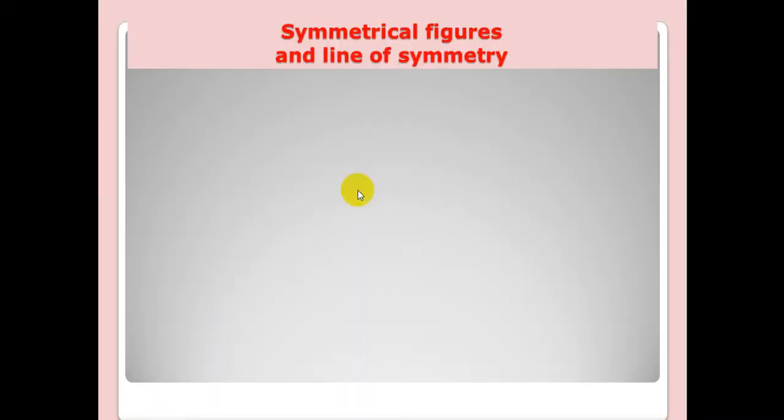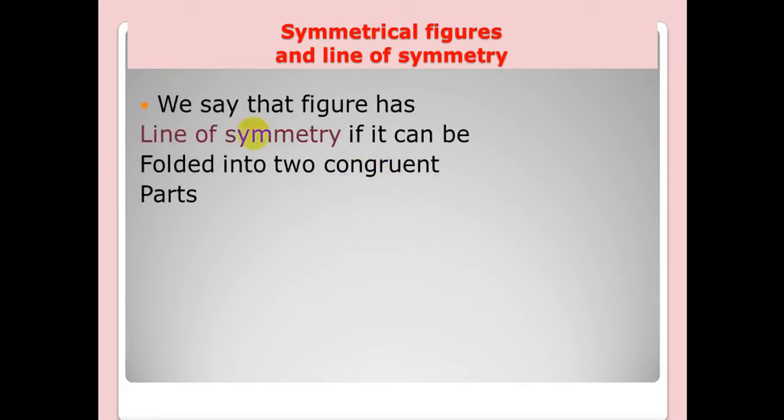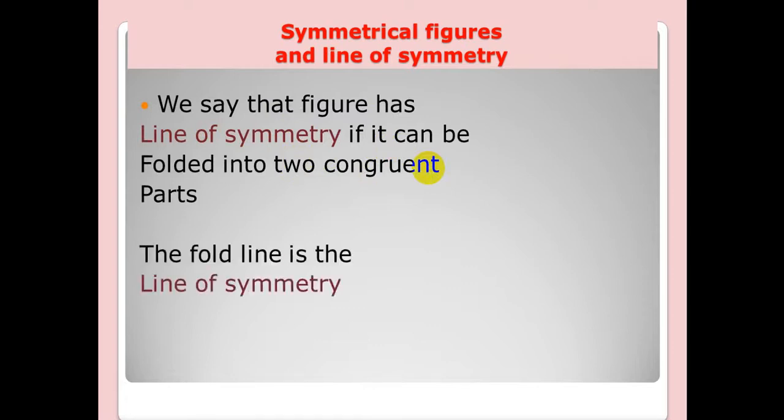Here, lesson 2, we have symmetry figures and line of symmetry. We say the figure has a line of symmetry if it can be folded into two congruent parts, and the fold line is the line of symmetry.